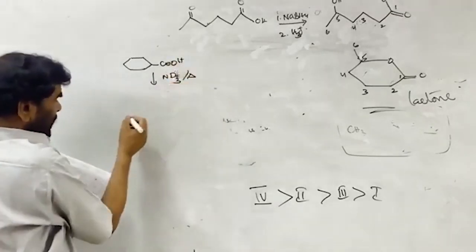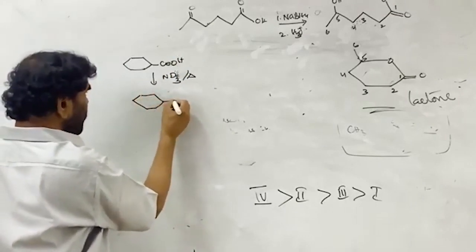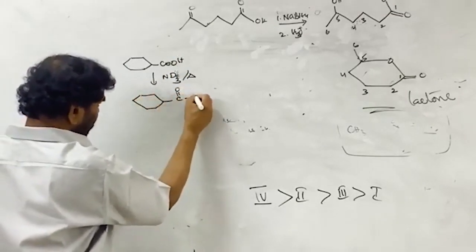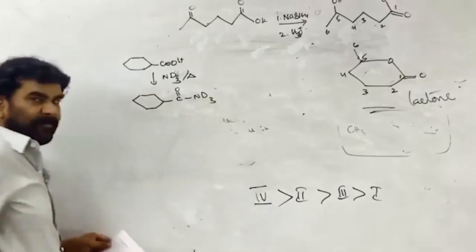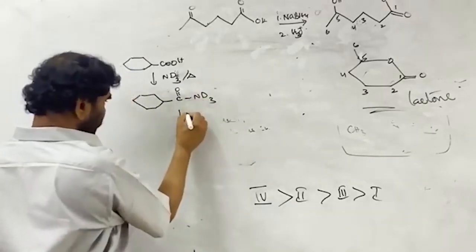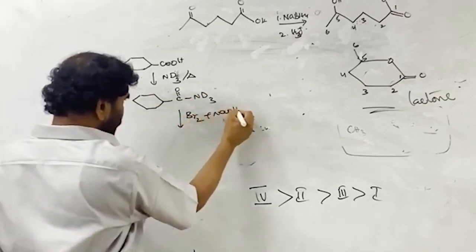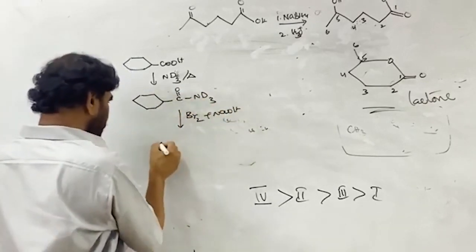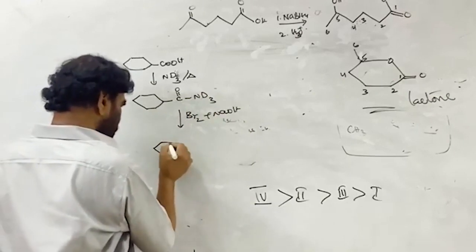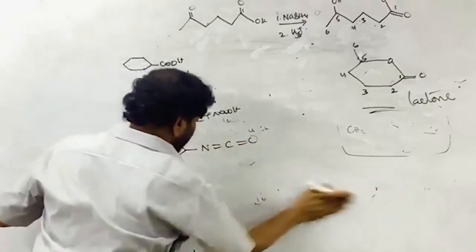Any carboxylic acid heated with ammonia forms the corresponding amide, but here this amide is with ND3. Now it is treated with bromine and sodium hydroxide, the Hoffmann bromamide reaction. This gives an isocyanate as the intermediate.